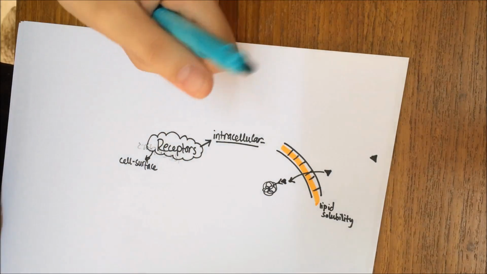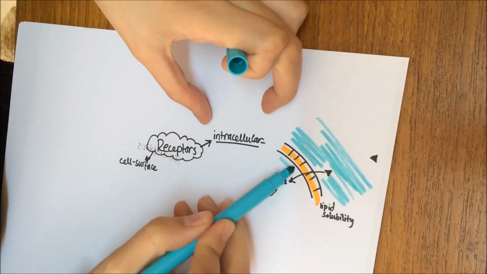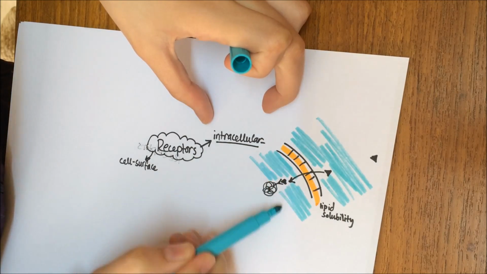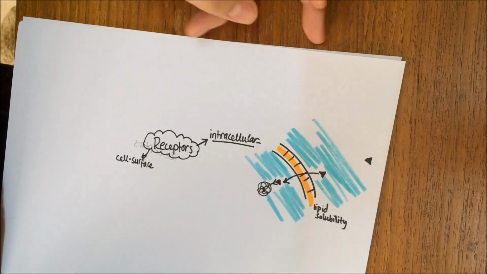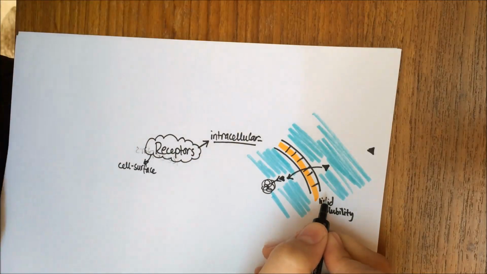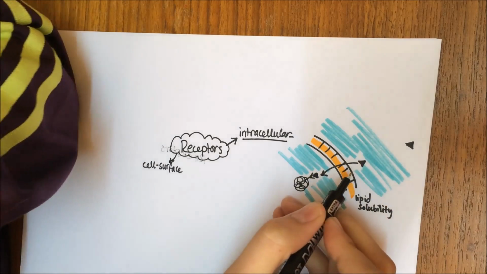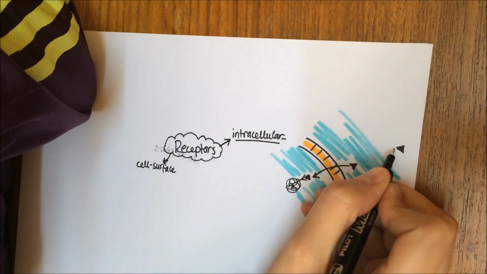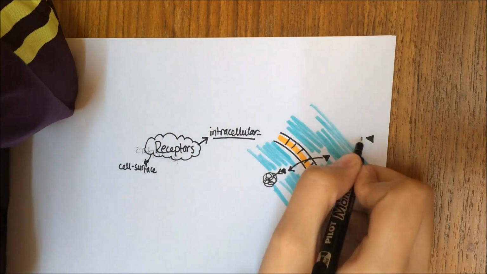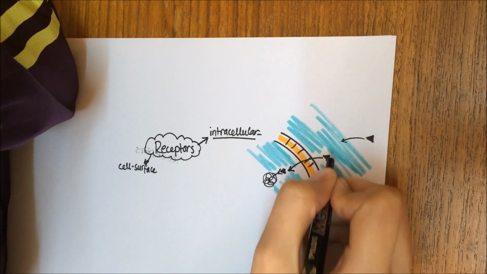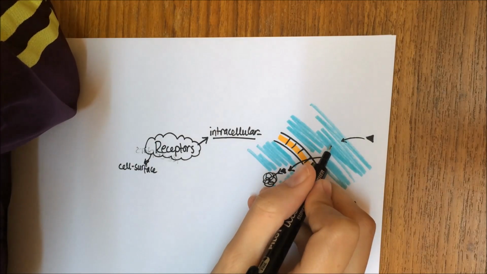Now, the problem here is that the extracellular space, the blood, everything in here is based on water, so it is hydrophilic. Things should be water soluble to be able to move freely in here. So for this ligand to reach the intracellular receptor, it should have a vehicle, a carrier, a transporter in the blood and the extracellular space.